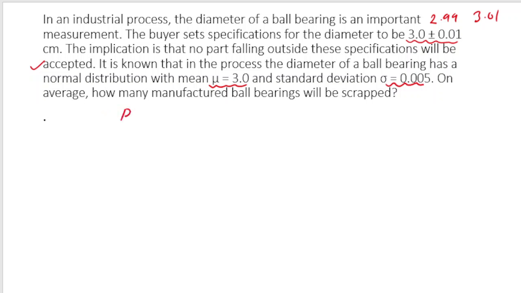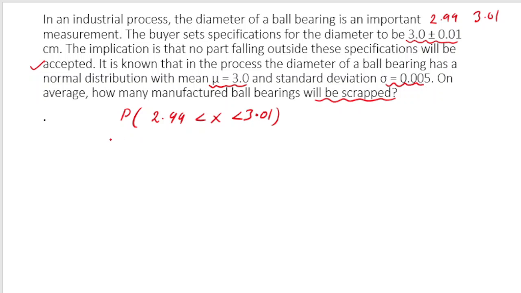We have to calculate the probability that x takes a value between 2.99 and 3.01. The question is how many ball bearings will be scrapped, meaning of no use. If it lies within the specification, from 2.99 to 3.01, it will be accepted, otherwise it will be rejected.